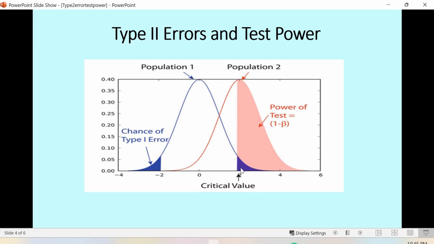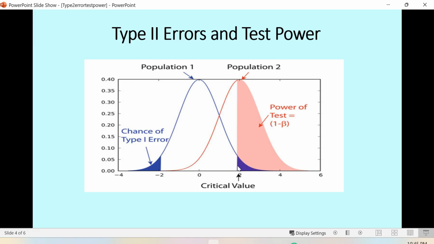But in this case, because the null hypothesis is true and you reject it, you make a type 1 error. So we mark here in blue the chance of type 1 error, which means the null hypothesis is true, but you get very critical data from the sample. Very strange data. So you reject it, but you make an error.